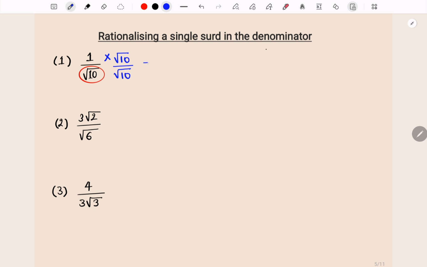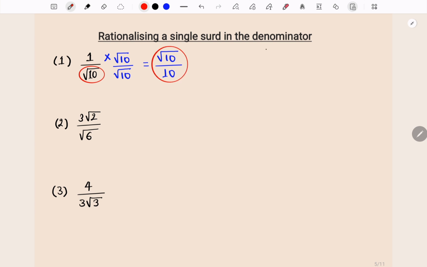So if I multiply root 10 in the numerator, it will be just root 10, and in the denominator, root 10 times root 10 is just 10. So here I have successfully removed all roots from the denominator. So we have the rationalized denominator.